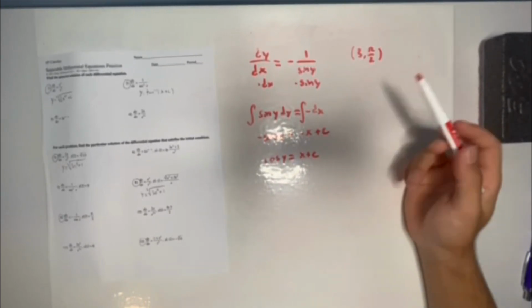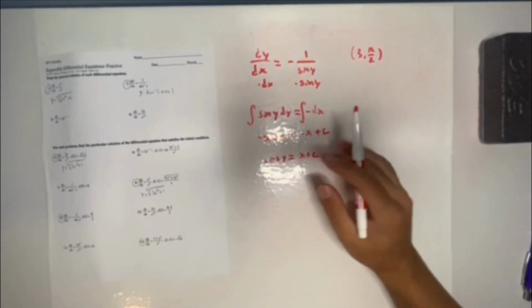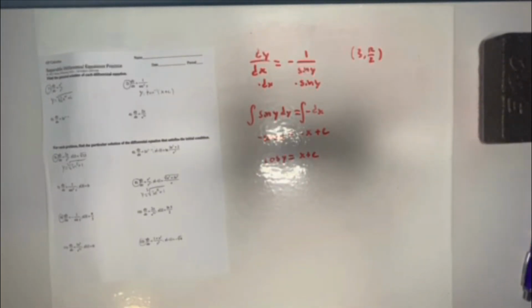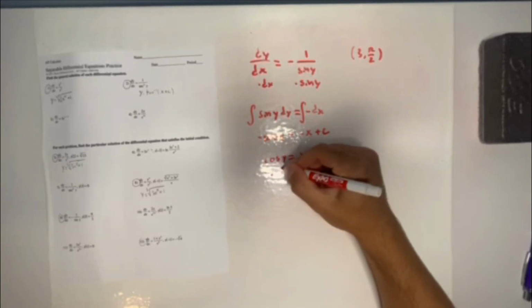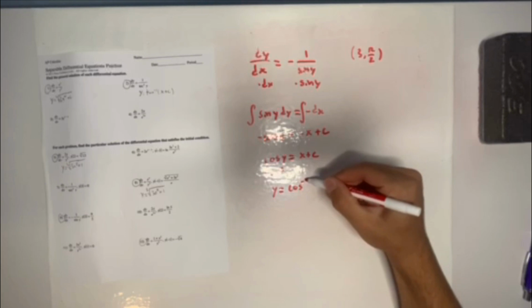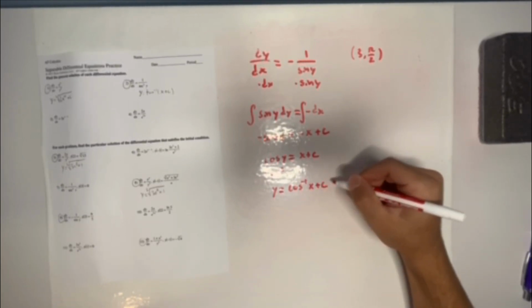I think it's easier, looks better. And so now we have to isolate the y. I wouldn't say this is tricky, you just don't see it as often. In order to get the cosine on the other side, we have to do the inverse of cosine. So then we get y equals cosine inverse of x plus c.